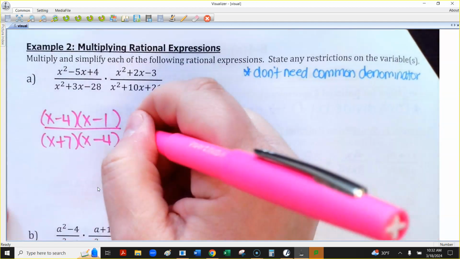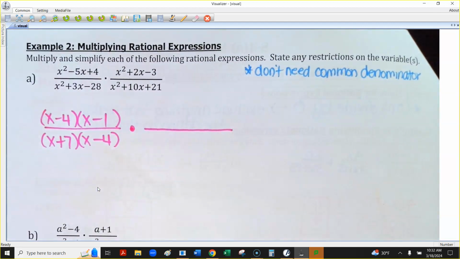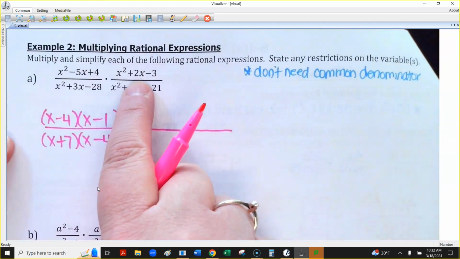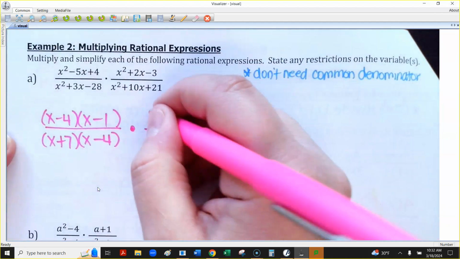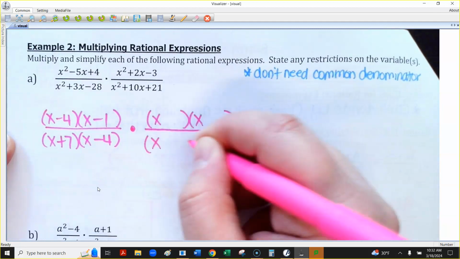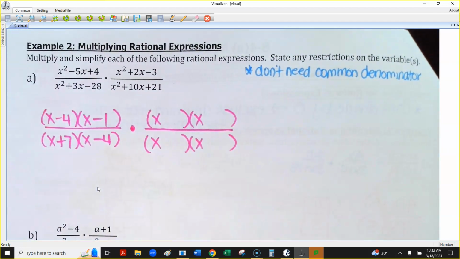For the other fraction, the top of it is x squared plus 2x minus 3. On the top, I need to multiply to get -3. All of these are just going to start with an x because they just have an x squared at the beginning of each quadratic.